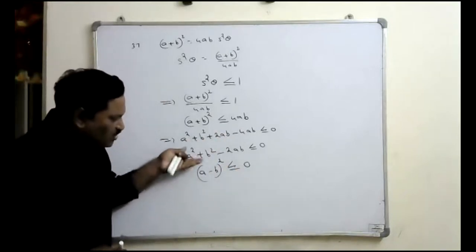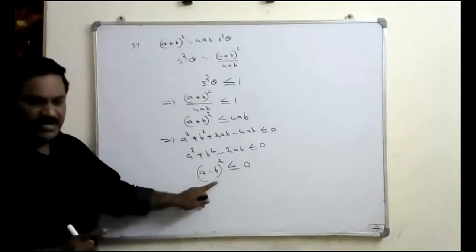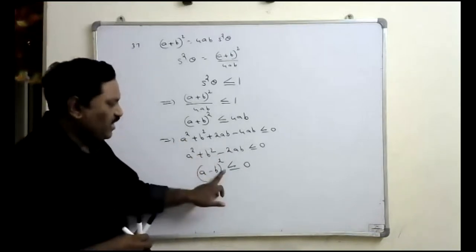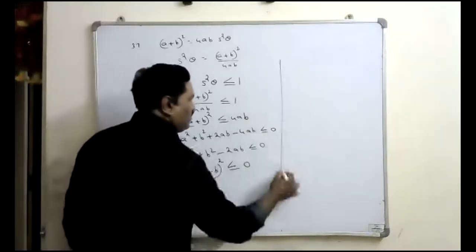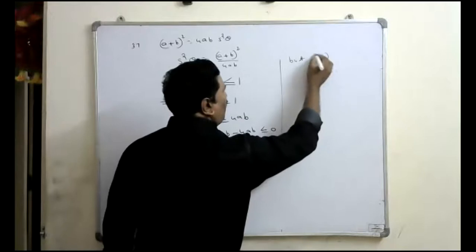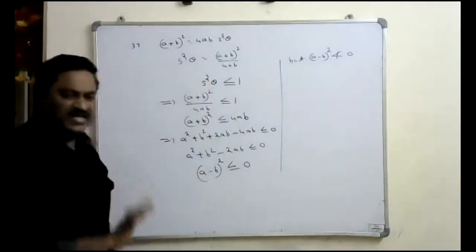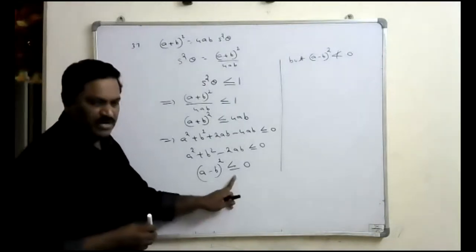A minus b whole square is a perfect square. For any value of a and b, it never gives a negative. So a minus b whole square is never less than 0, because for any value of a and b it always gives a positive. That's why we have to take only the equal to symbol.